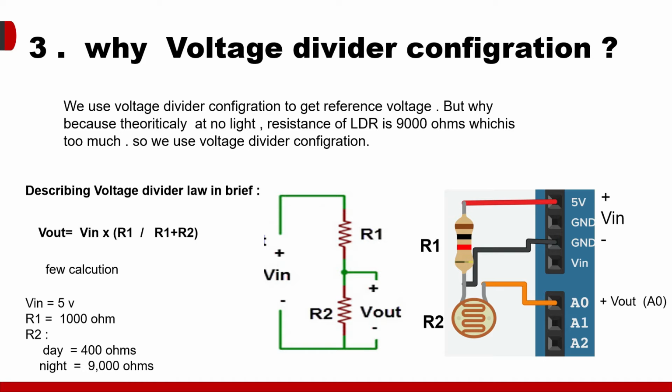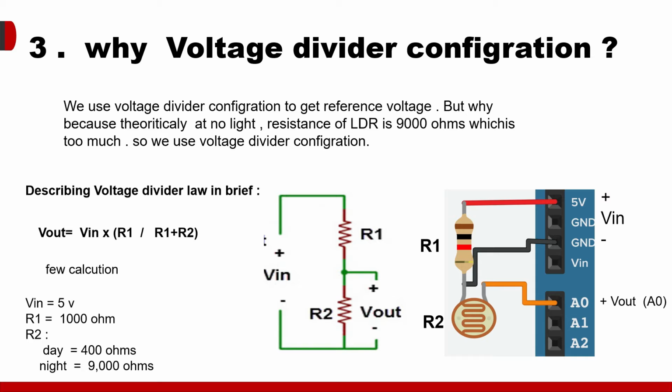First of all, why do we use voltage divider configuration? Because this configuration gives reference voltage. We need reference voltage because our Arduino can only convert values from 0 to 5V, whether it's analog or digital. That's why we have to convert bigger values into this range. According to voltage divider law, V out is equal to V in into R2 by R1 plus R2.